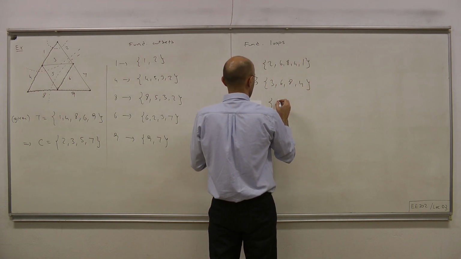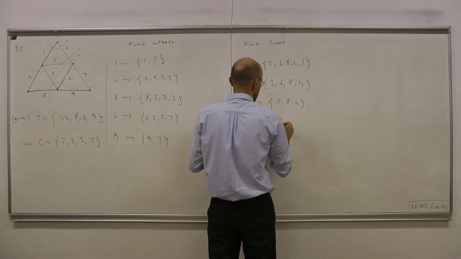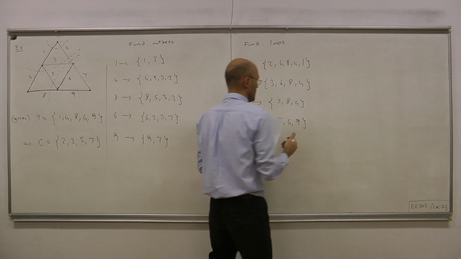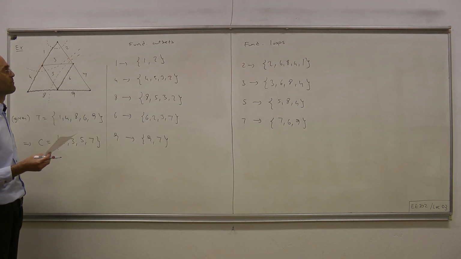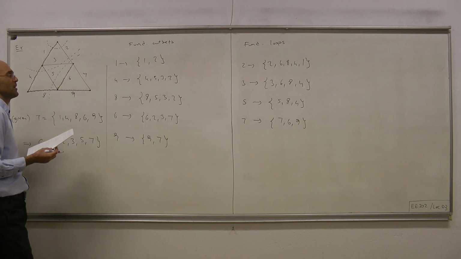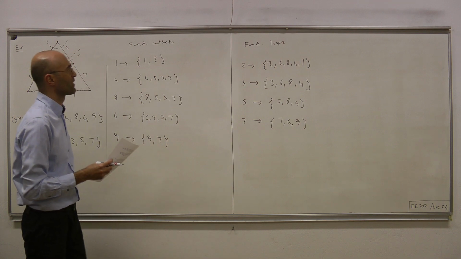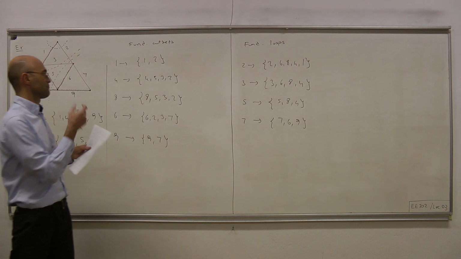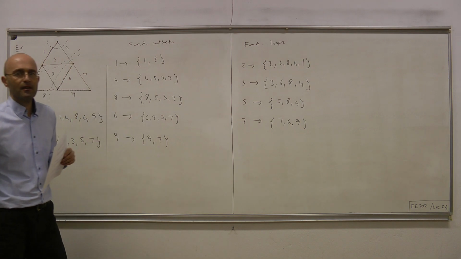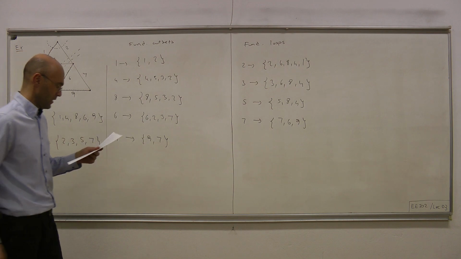And with 5 we have 5, 8, and 4, and finally for 7 we have 7, 6, 9. Those are our fundamental loops. Okay. Now, having defined fundamental cut sets and fundamental loops, we're ready to use them in our state equation obtaining procedure. Okay.